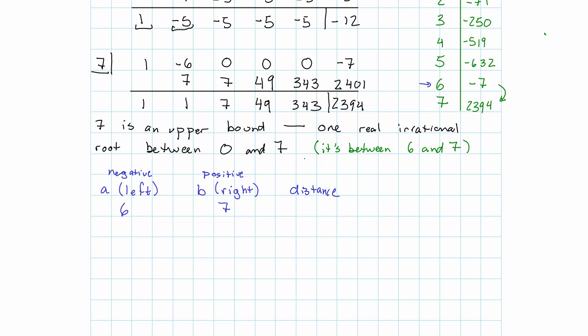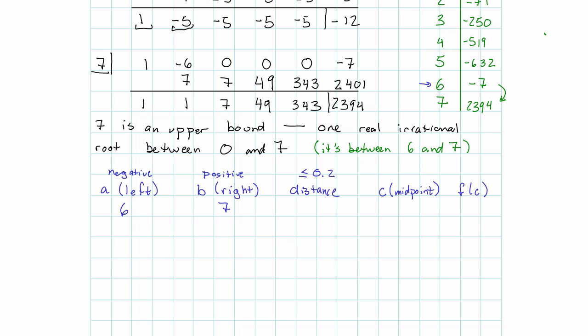And remember, the problem told me I wanted to be within 0.1, so I want to get that distance down to be less than or equal to 0.2. And then my test value of c, that's going to be the midpoint, and I'm going to take f of c. And I'm not going to write down the entire value of f of c, just whether it's positive or negative.